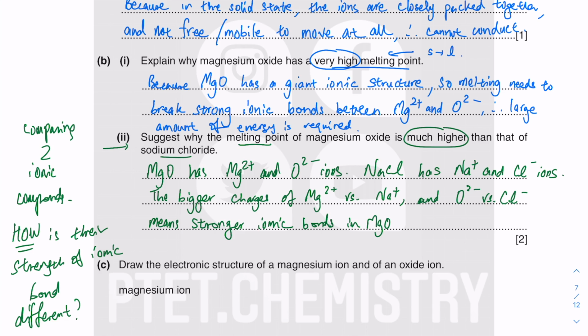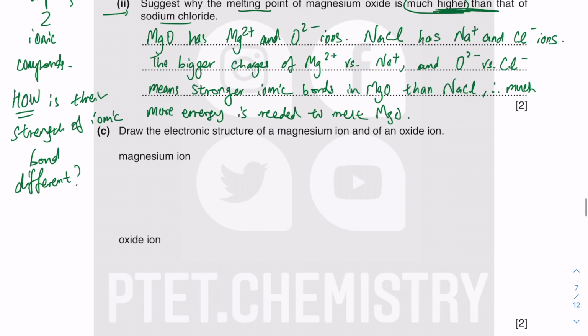So between the Mg2+ and O2- is a stronger ionic bond. When you're comparing something, this is higher than that. So comparing something means your answer must compare something as well. Therefore, much more energy is required. Much more energy is needed to melt MgO than NaCl.